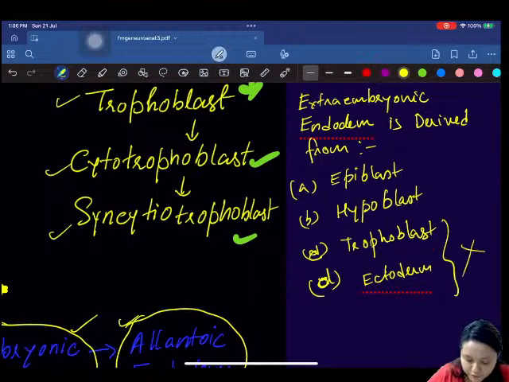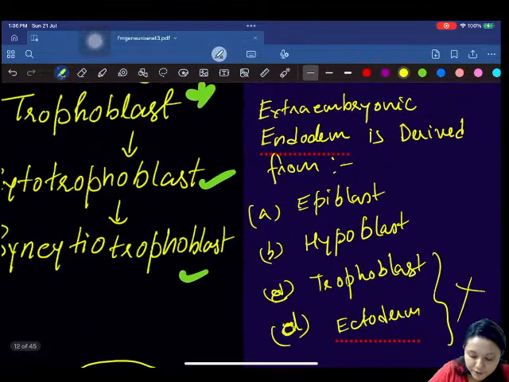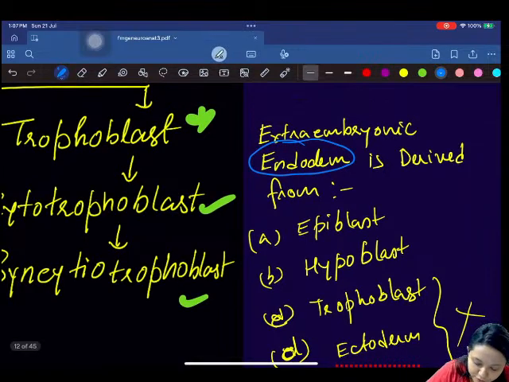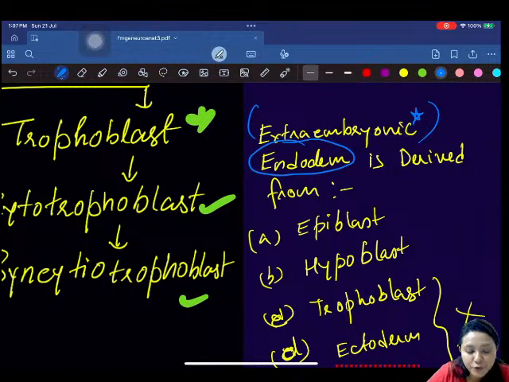You are confused. Whenever you see the word endoderm, you try to remember that epiblast gives all three layers: ectoderm, endoderm and mesoderm. But the trick here is they have asked about the extra embryonic endoderm. So don't directly mark the answer as epiblast here. You have to read the question properly.